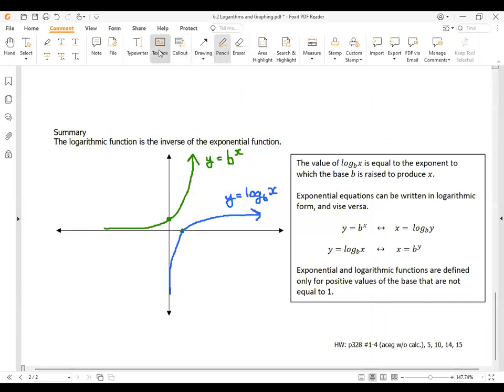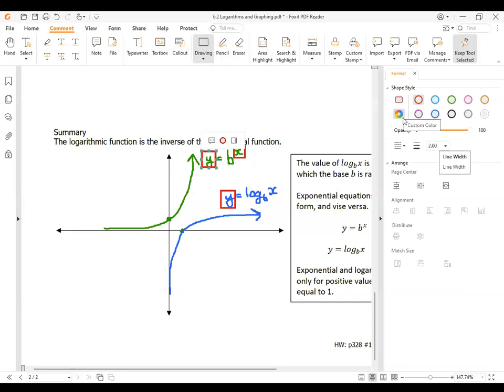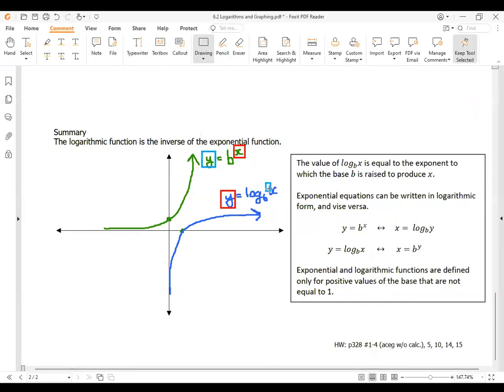And the part that you must be careful of is the x of here is now the y of there. And the y of here, the y of there is now the x of there. They are switched. And as you know, it's reflected on that y equals x line.